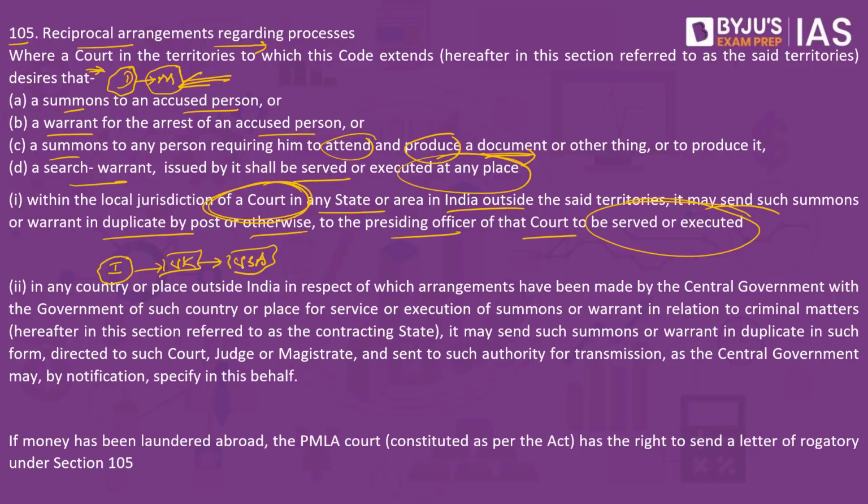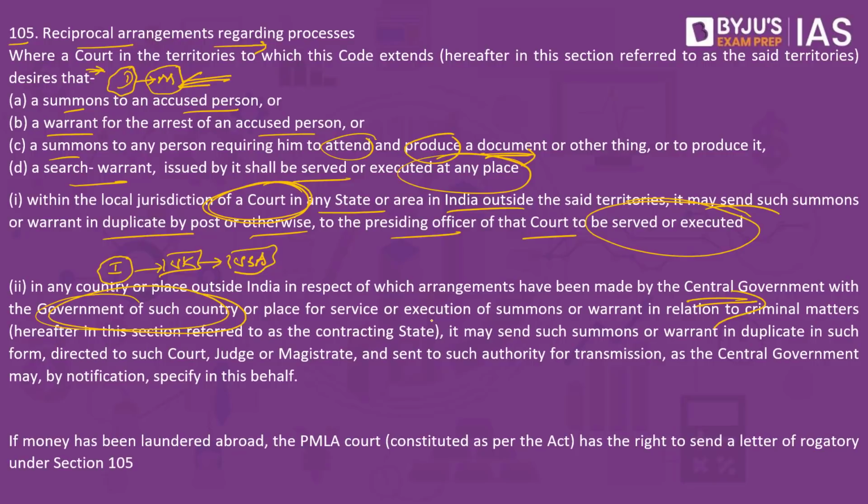In that case you would have the involvement of the central government. Since this is a person wanted in India, the central government will interact with the government of that particular country, and that country would also have some agreements as well. So this order by the court in India will be sent to the court in that jurisdiction, where the central government is acting as a bridge, and ultimately this person is asked to return or that order is executed.